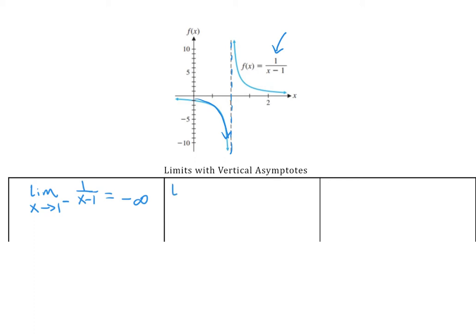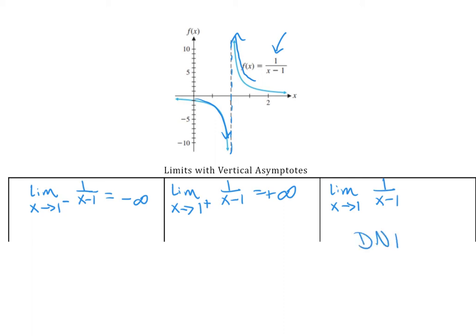From the other direction, the limit as x approaches 1 from the right of the function, from the right, it is approaching positive infinity. So therefore, the limit as x approaches 1 of 1 over x minus 1 does not exist, because it's approaching different directions from the left and from the right.